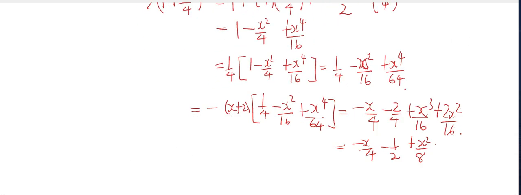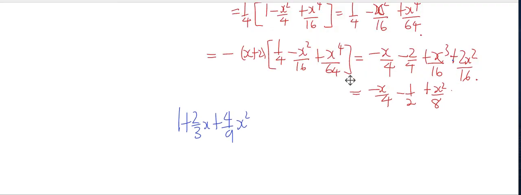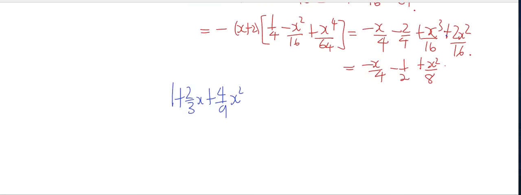So let's rewrite that: 1 plus 2 over 3x plus 4 over 9x squared, and then we have minus x over 4 minus 1 over 2 plus x squared over 8.